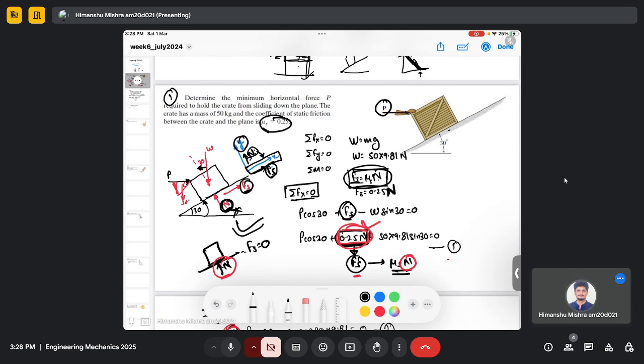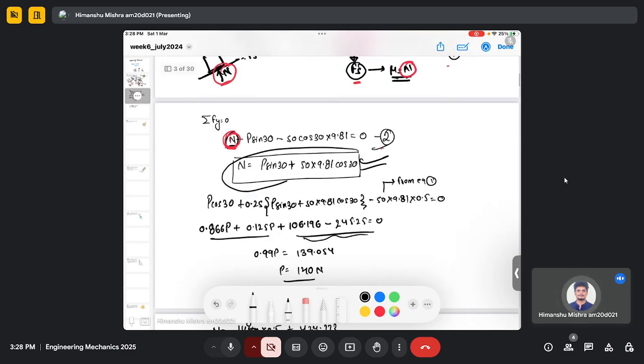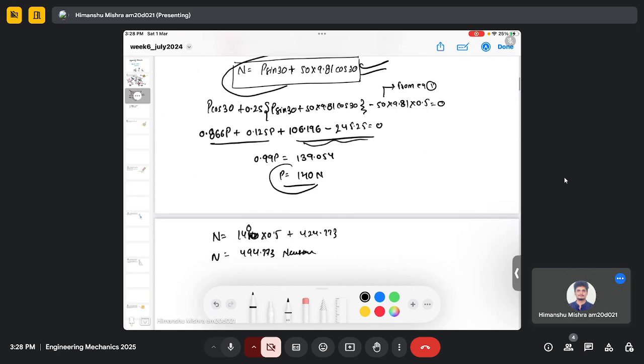Once we do that, we can use the equilibrium equations, in which we consider force balance and moment balance. And using these two equations, we saw that we are able to identify two unknowns, which are p and n.